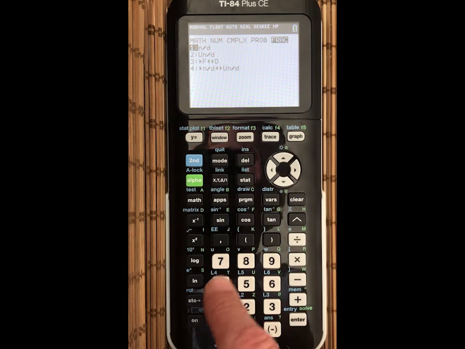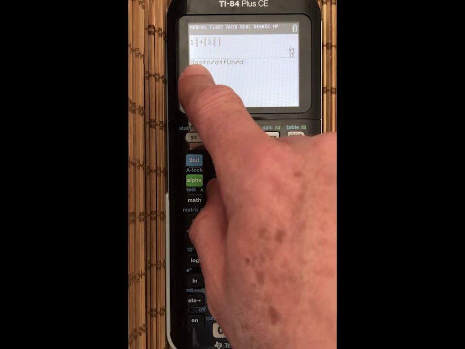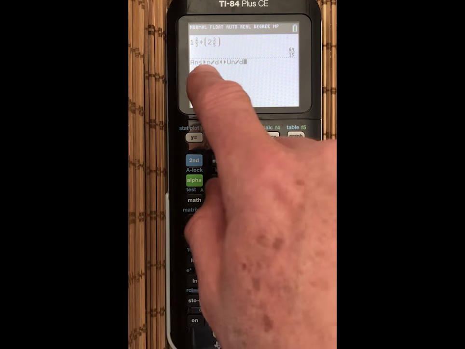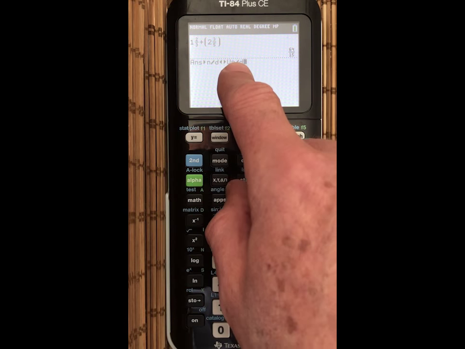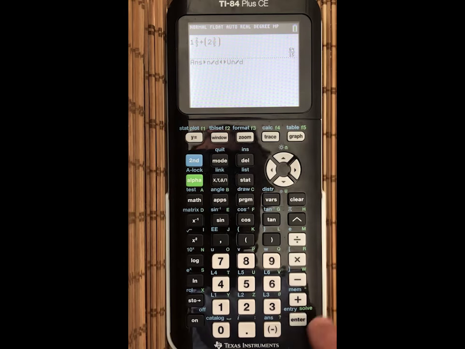So if we select the 4, the calculator is automatically assuming that this previous answer, that's why the answer is shown, we wanted to switch it to the unit with numerator, denominator. In other words, to a mixed number format. And there you go. That's the correct answer for that first prompt.